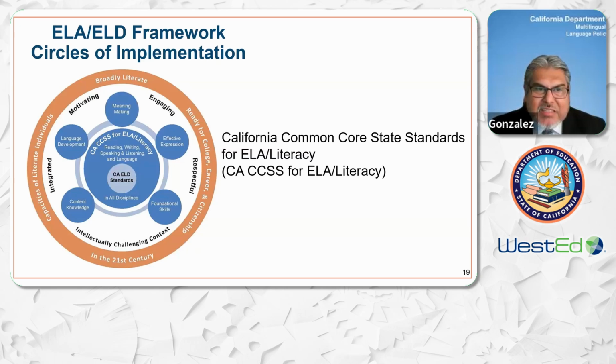They have attained the capacities of literate individuals, have become broadly literate, and acquired the skills for living and learning in the 21st century. In the center are the California ELD standards. They help support EL students to meet and excel in ELA content, which we'll refer to as the California Common Core State Standards for ELA literacy, or the CCSS for ELA. And we're going to refer to them in this webinar as the ELA standards.